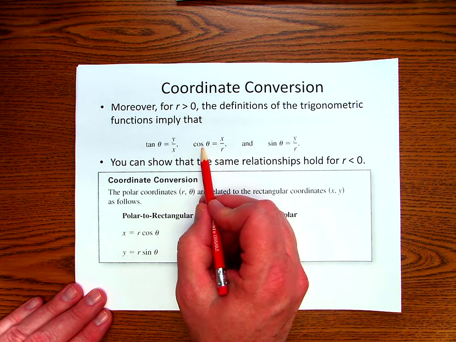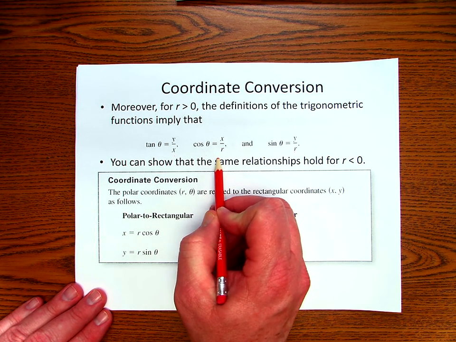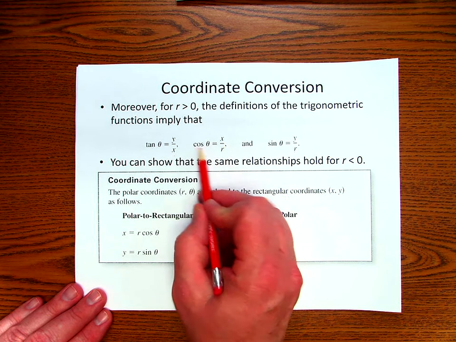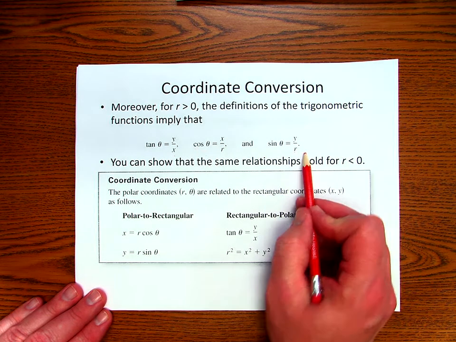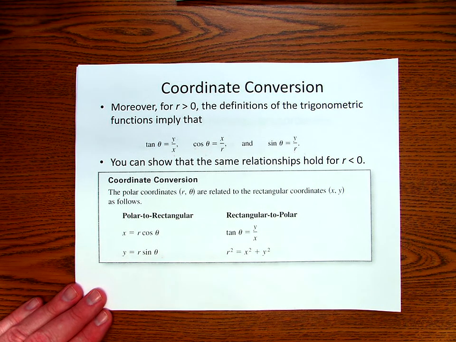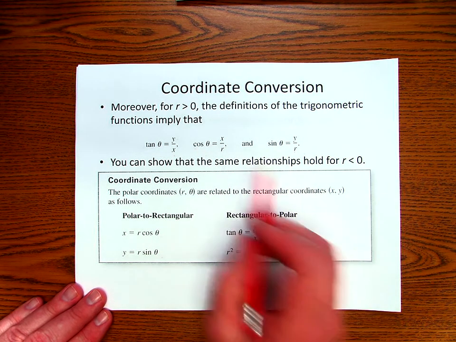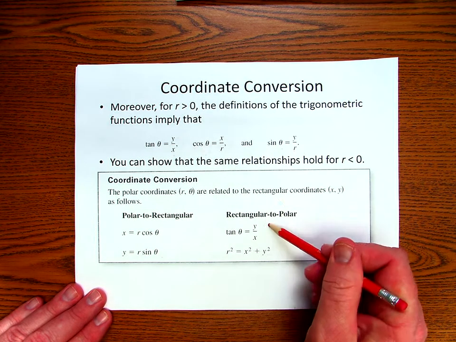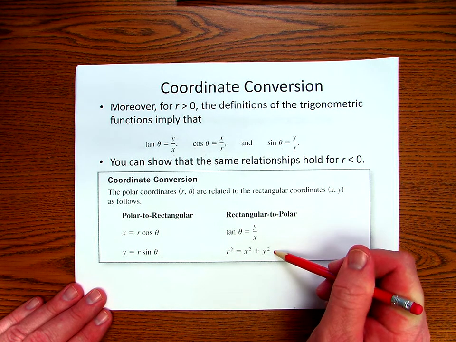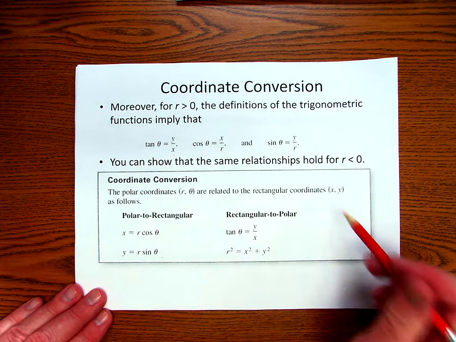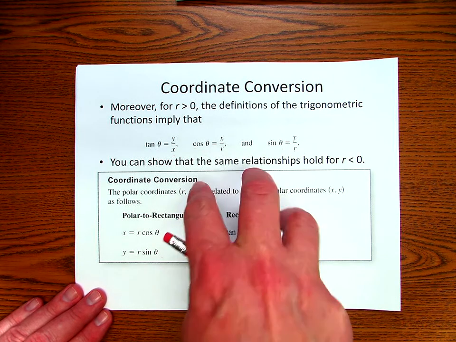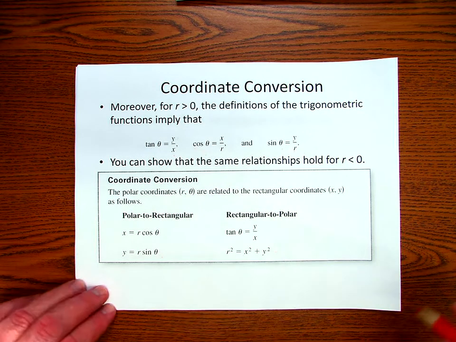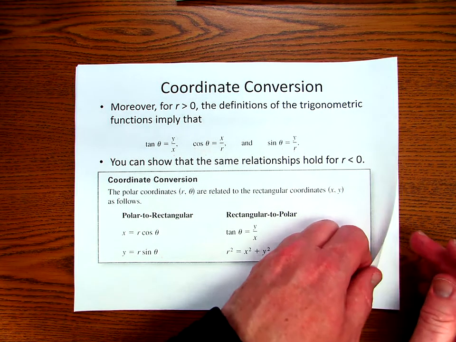Rather than thinking about cosine of theta as x over r, it's better to think about it as x is equal to r cosine theta and y is equal to r sine theta. So these two tweaked come to here. This is as is, that x² + y² thing from the previous slide kind of gives us our block of stuff we're working off of. Knowing this little block of stuff will get the job done for any conversions.